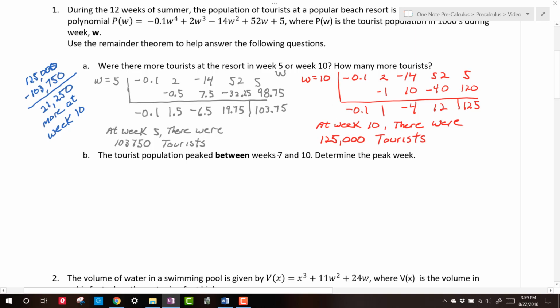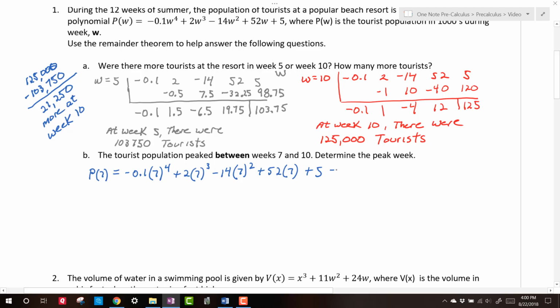I'm not sure 7 is going to be that easy, so I'm going to do P of 7. So that's negative 0.1 times 7 to the 4th power plus 2 times 7 to the 3rd power minus 14 times 7 to the 2nd power plus 52 times 7 plus 5.